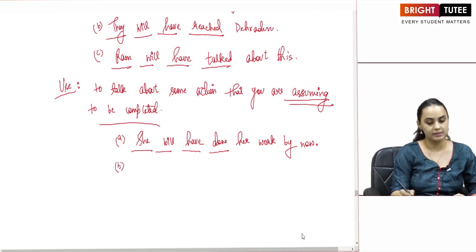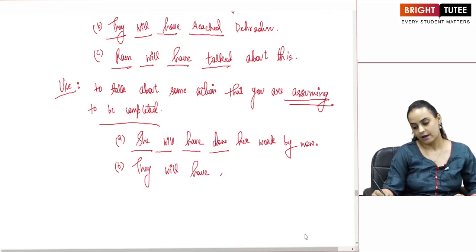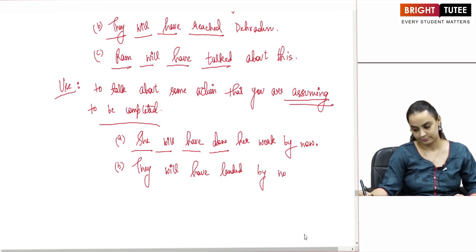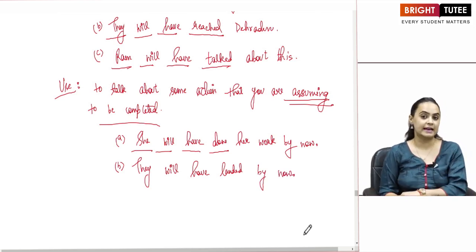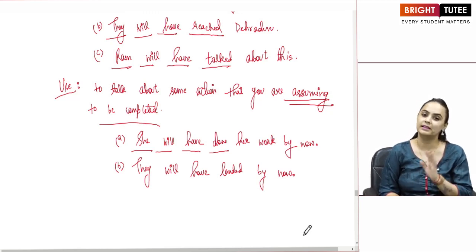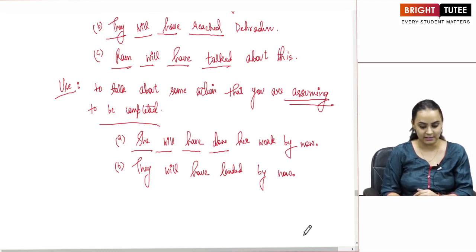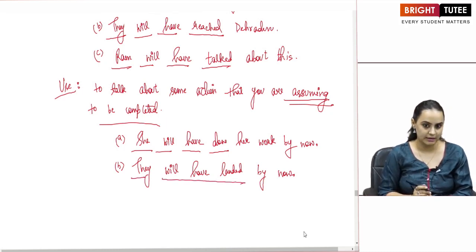I give you another example. They will have landed. So I don't know whether their plane has landed or not. I am just, on the basis of time, assuming that by now it must have landed. So they will have landed by now.